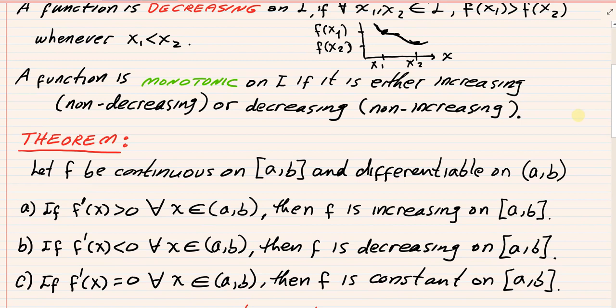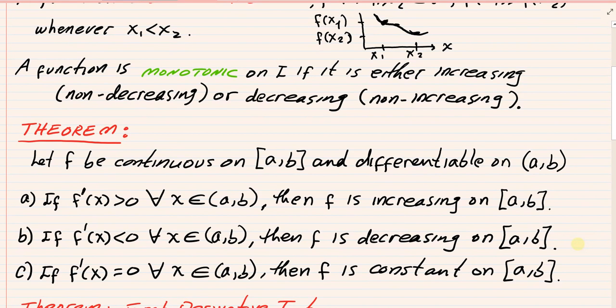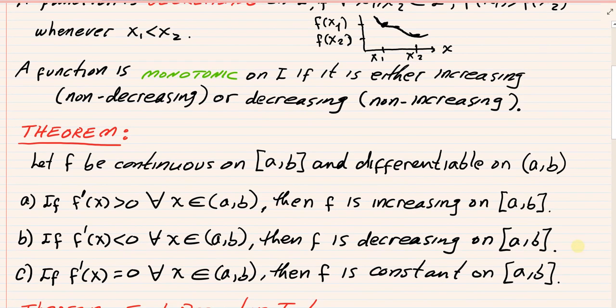And if the derivative is negative inside of that open interval for all x, then f is decreasing on the closed interval. And in part C, if f prime x is 0, then you have a flat line. And of course, if it's a flat line, that means the function must be constant over the entire domain. Okay, so that's what those are.